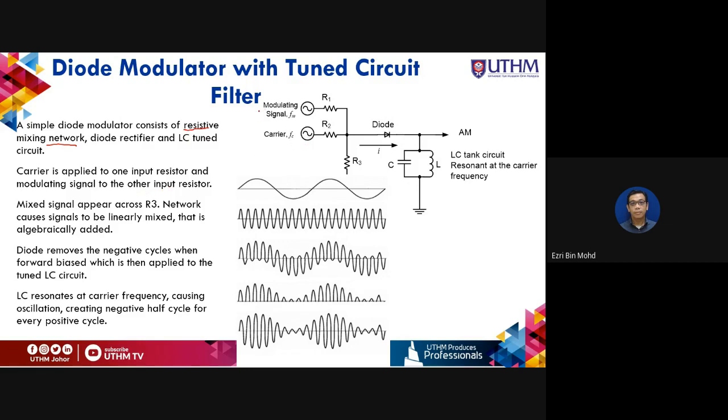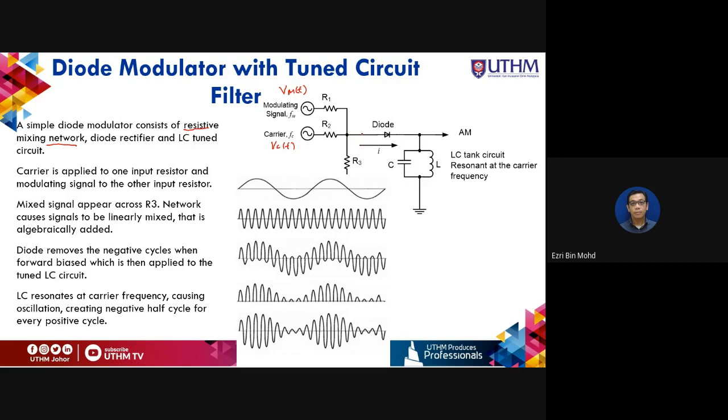So there are two inputs here, the modulating signal vm(t) and vc(t). These signals will be added at this point, and the mixed signal will appear across R3.